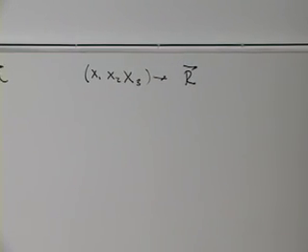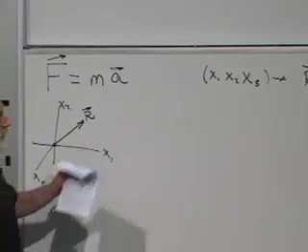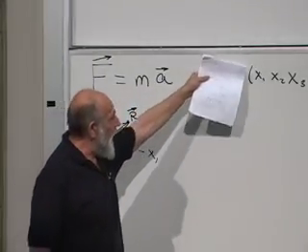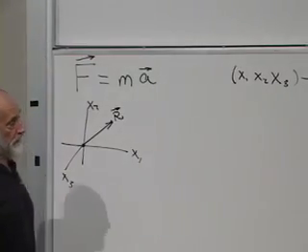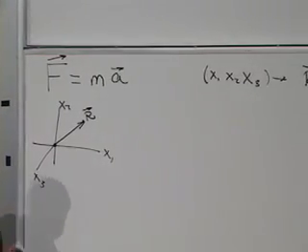All right, the acceleration is a vector that's made up out of the time derivatives of x, y, and z, or x1, x2, and x3.